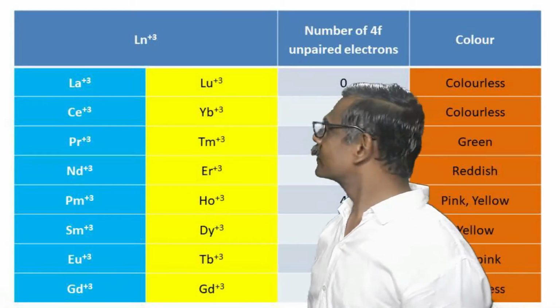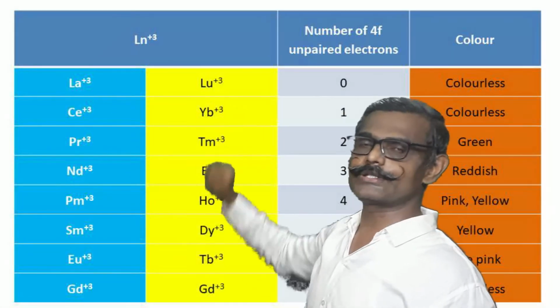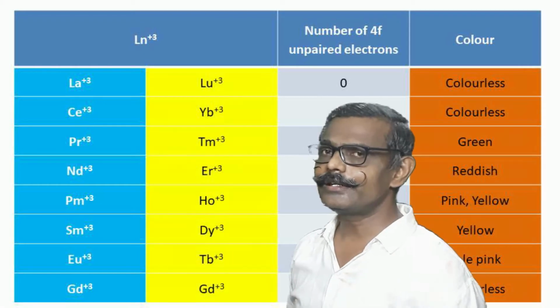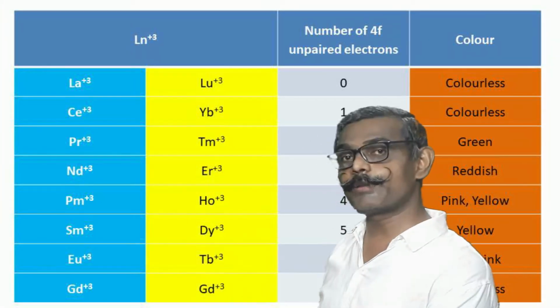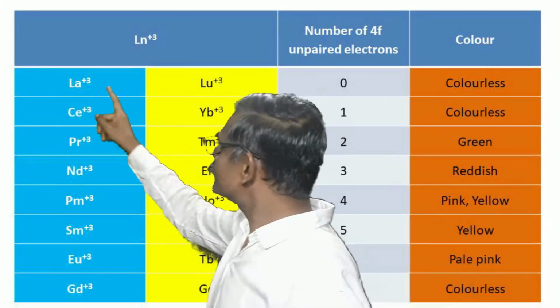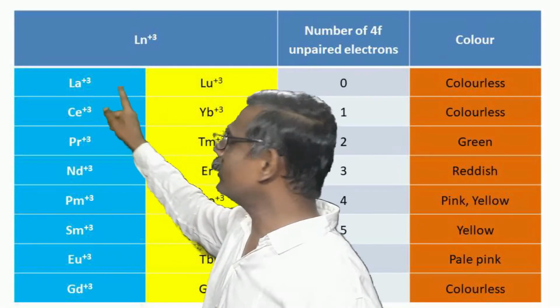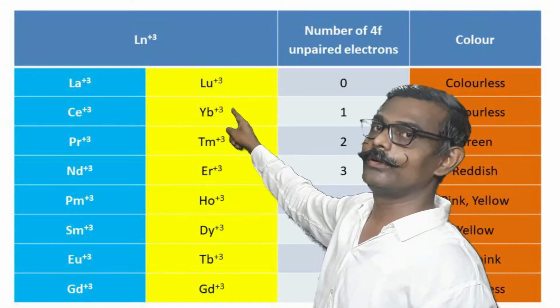Similarly, cerium plus 3 and ytterbium plus 3. Cerium plus 3 has electronic configuration f1 and ytterbium plus 3 has f13. So cerium plus 3 has one unpaired electron and ytterbium plus 3 has one unpaired electron.